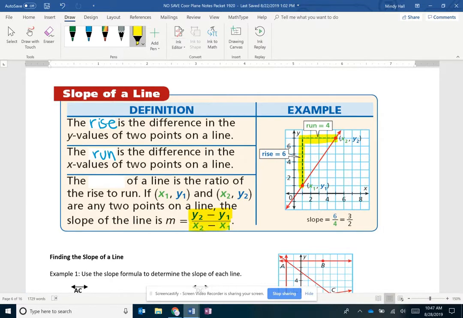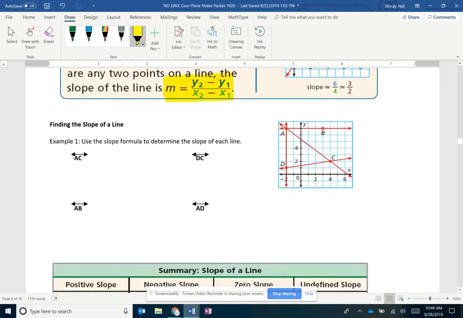And it's x2 minus x1. It's the difference between the x values. So the slope of a line is the ratio of the rise to the run. So if (x1, y1) and (x2, y2) are any 2 points on the line, the slope of the line is m equals y2 minus y1 over x2 minus x1, or difference in y's over difference in x.